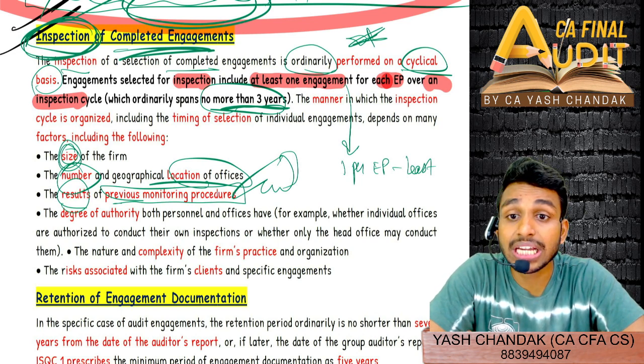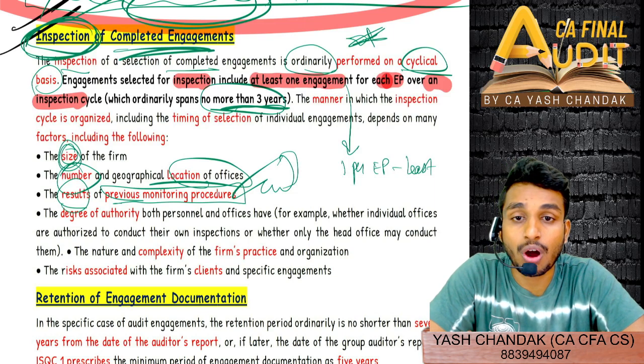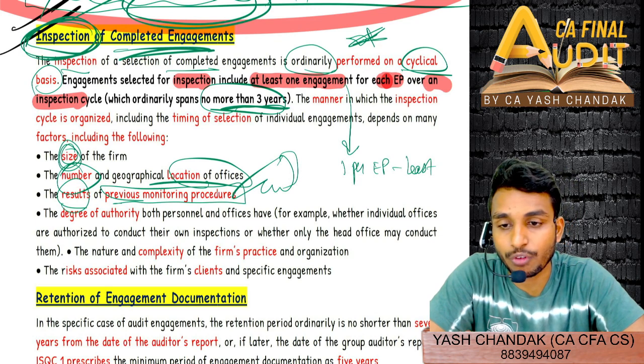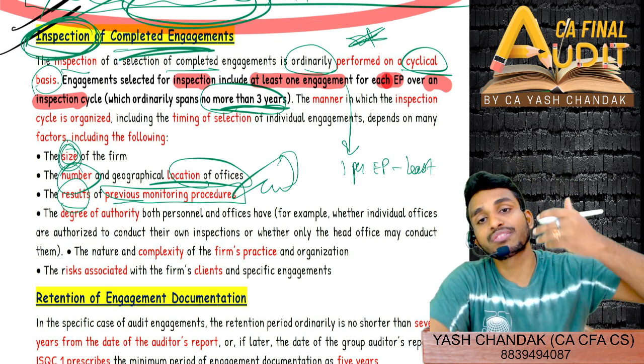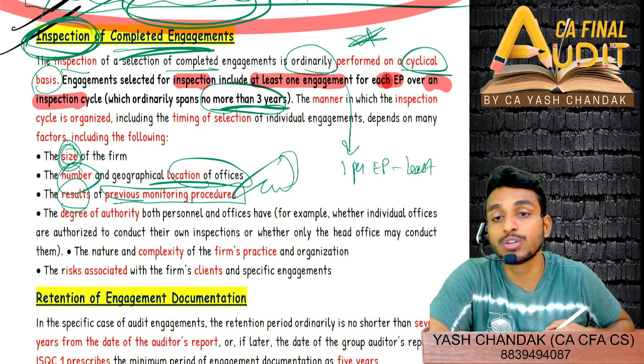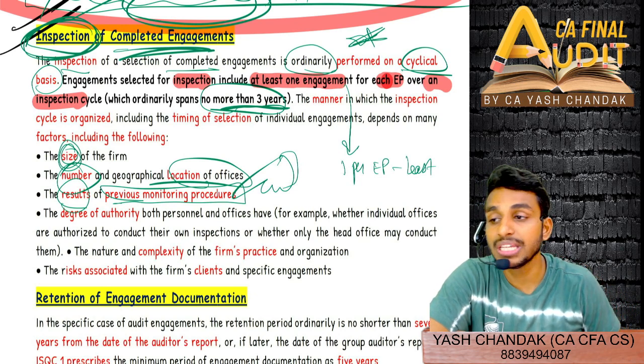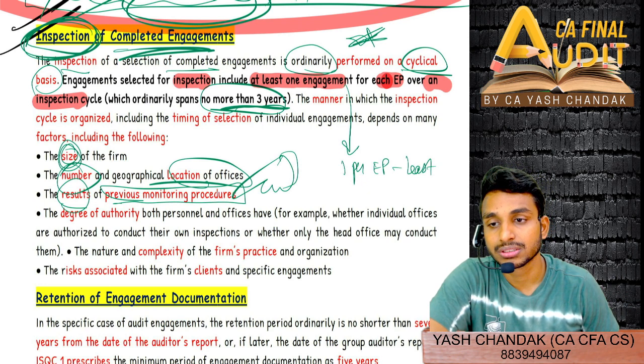So there was an adverse opinion or adverse findings found in the previous quality review performed. Whenever there was an adverse finding in the previous quality review, then you can obviously select more than 3 audit engagements in this quality review. Do you remember or not? Everyone? Yes or no?